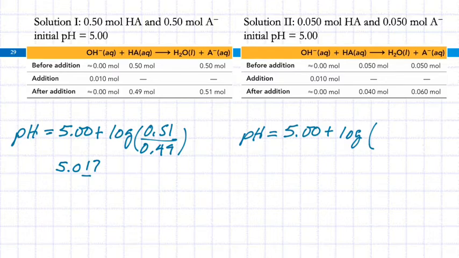Here, the acid concentration went from 0.05 to 0.04 to neutralize that 0.01 moles. Base went from 0.05 to 0.06.